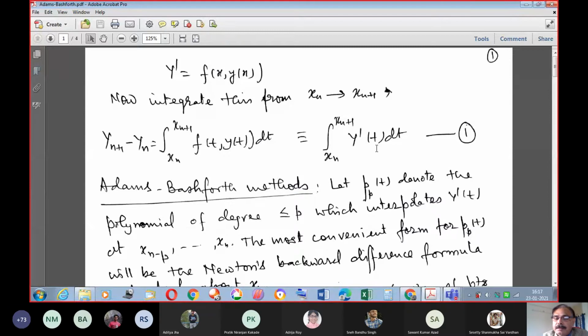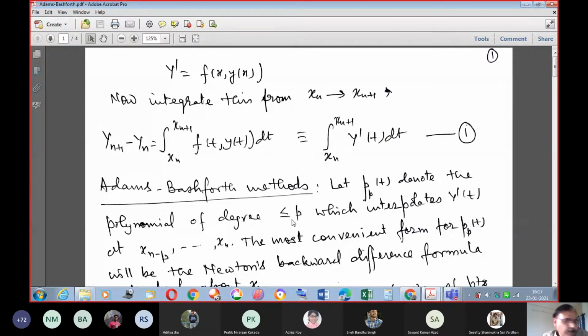Adrija, if p plus 1 points are there, what will be the degree of the polynomial? The highest degree of the polynomial will be less than or equal to p.